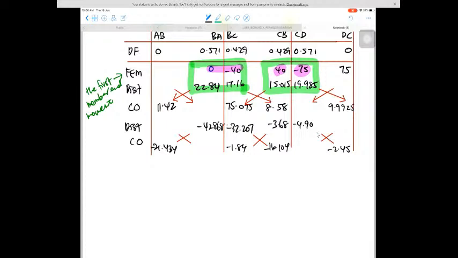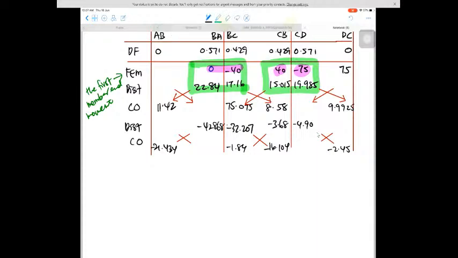Actually for the moment distribution method, whenever you want to do design, normally in the design subject you are given a problem where you need to do the moment distribution method first to get all the internal moments, and after that you can continue with the design process.